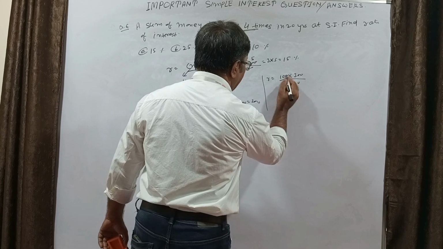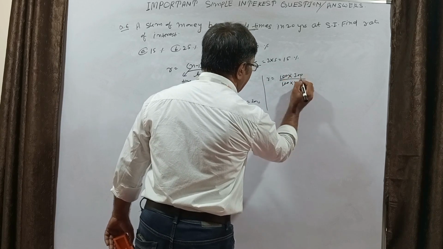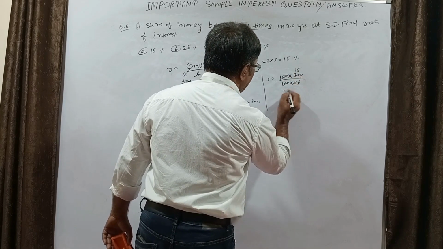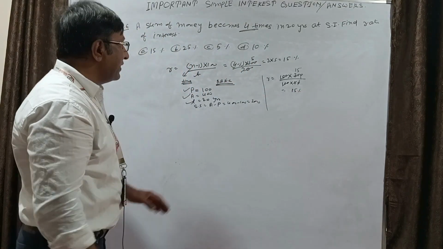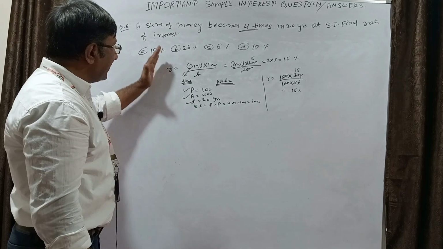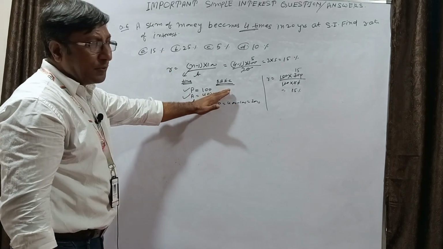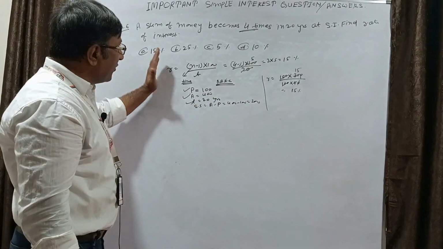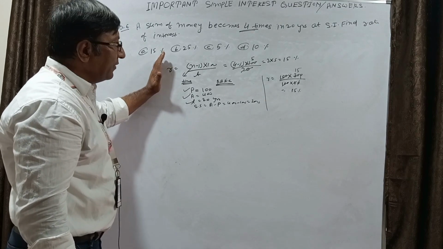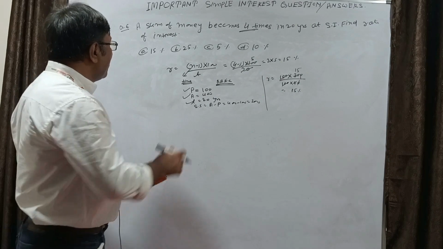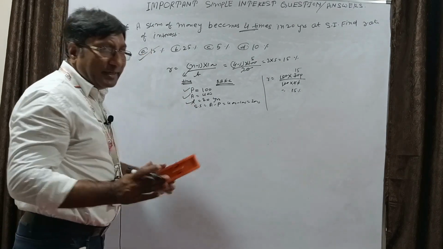So this 100 cancels, this 0 cancels and this is 15. So we get 15%. So our correct answer is 15% by the tricky approach and the basic approach both. The tricky approach is important for solving questions in interviews and written exams. So the correct answer is 15%. Option A is the right answer.